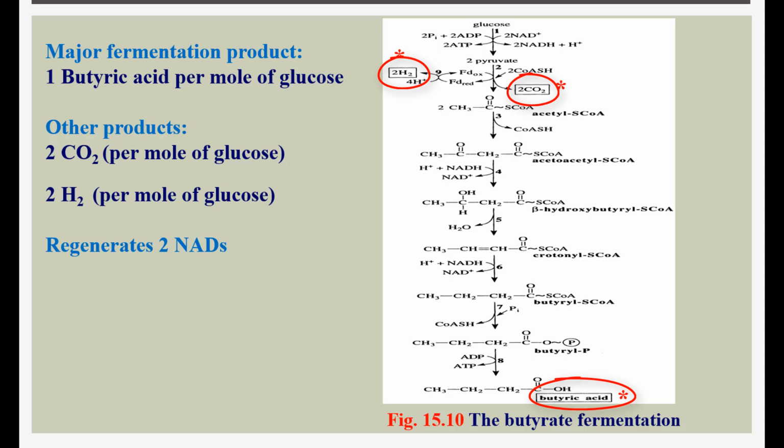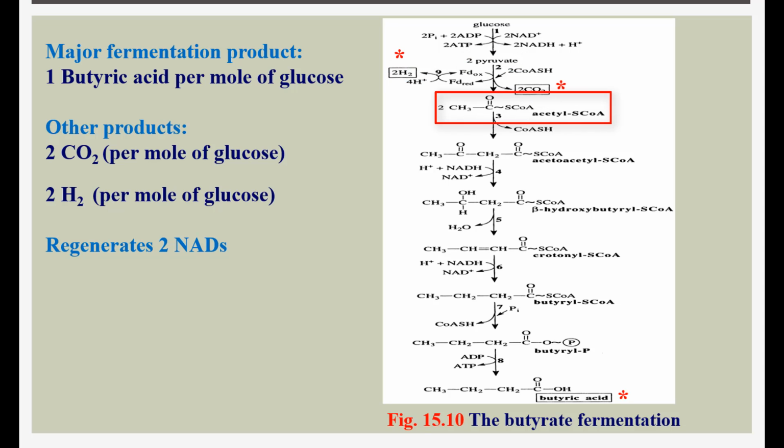So the butyric acid Clostridia first oxidize the glucose to 2 moles of pyruvate via glycolysis. This process produces 2 molecules of NADH plus 2 molecules of ATP. The pyruvate is then decarboxylated to acetyl-CoA, carbon dioxide, and hydrogen gas by means of pyruvate ferredoxin oxidoreductase and hydrogenase.